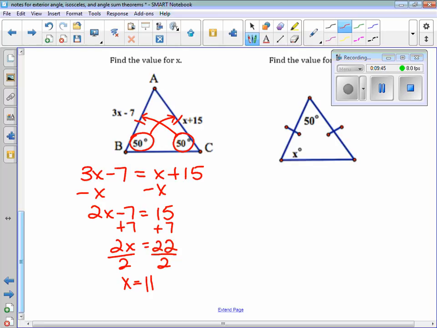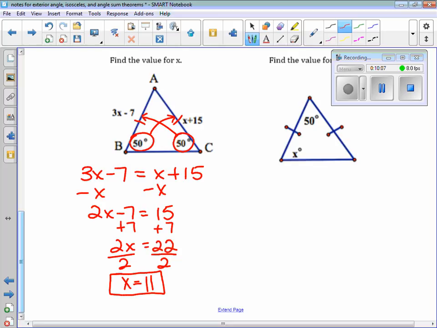That's what they asked me, so I'm done. Now, if they asked me to find the measure of the sides, I would take x equals 11, and I would plug it into either 3x minus 7 or x plus 15. Now those sides are congruent, so they should come out to be the same.